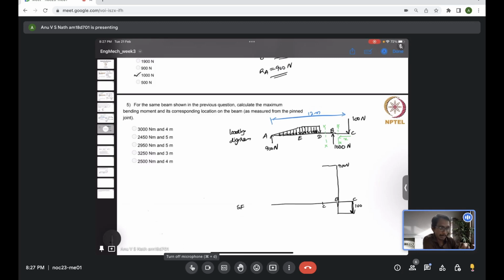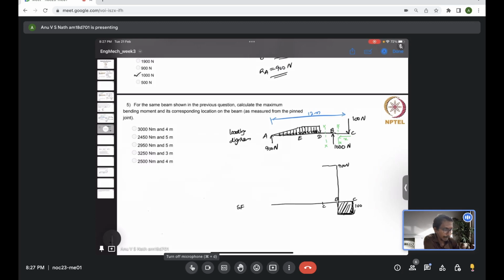I am choosing the right. So for a general section XX which I have drawn between B and C, the right of it only has 100 Newton down. That means any point between B and C will have a shear force value of only 100 Newton. So I continue to have shear force 100 Newton, it's a minus 100, acting downward between B and C. That's why between B and C I only have this much area, 100 Newton.